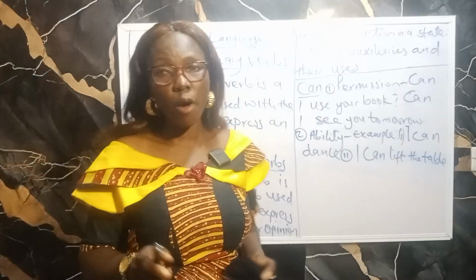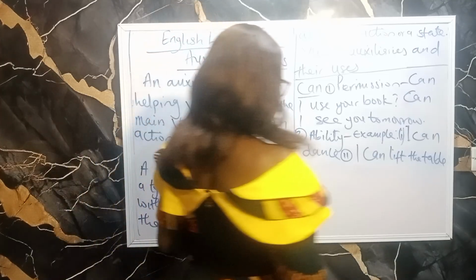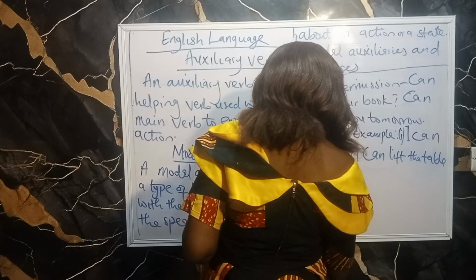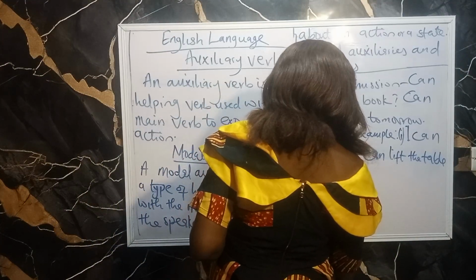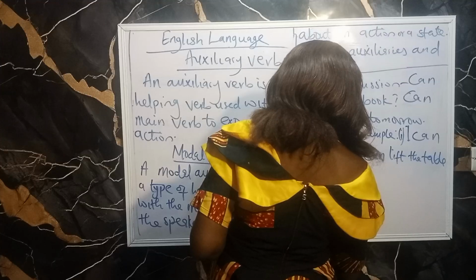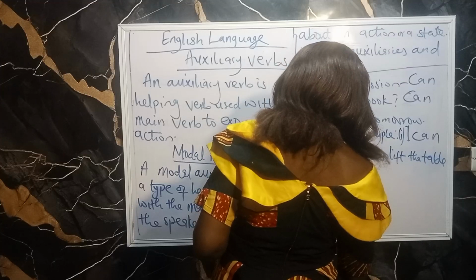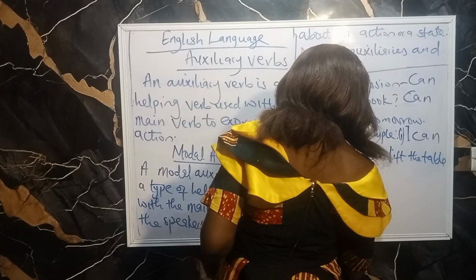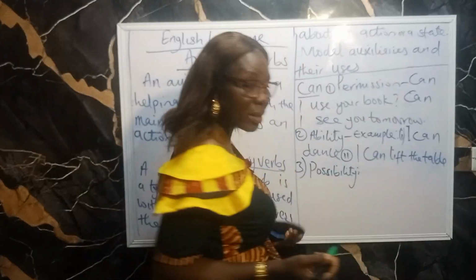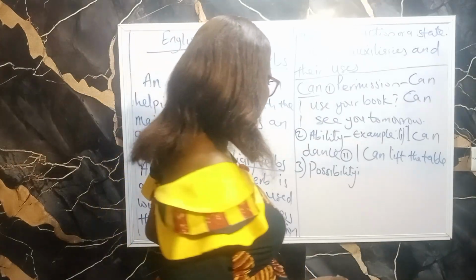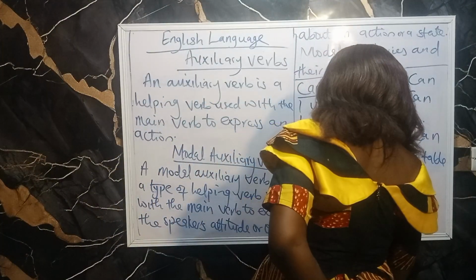Okay. Now let's look at another use of this can. We can use it for possibility. The third one, possibility. That is something that is possible. Example.